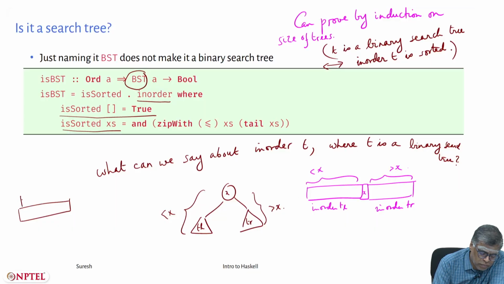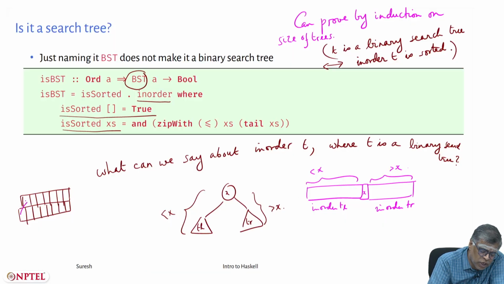Then you can do zipWith of xs and tail of xs with less than or equal to, which means that, if I have my list like this, I am comparing this with this.